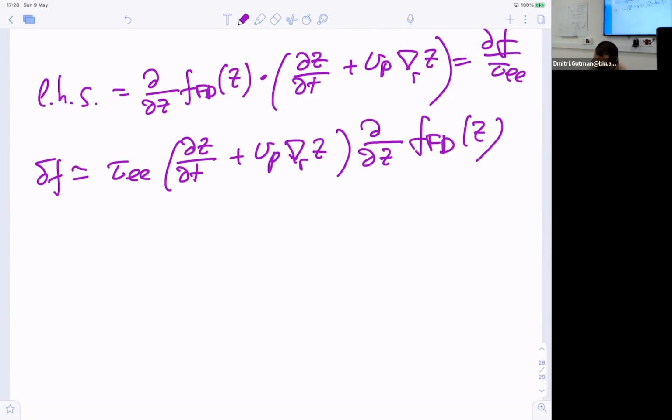In particular, our tensor P alpha beta will now become P alpha beta plus correction.